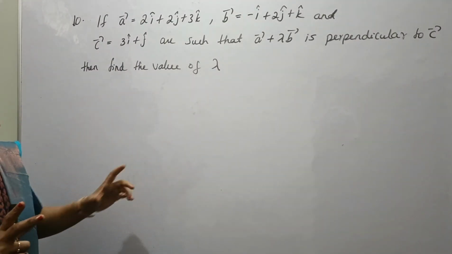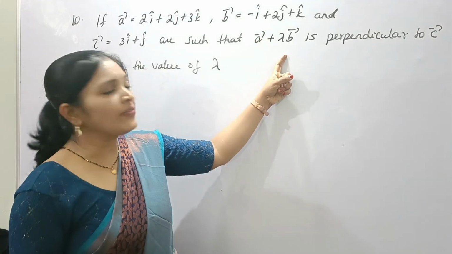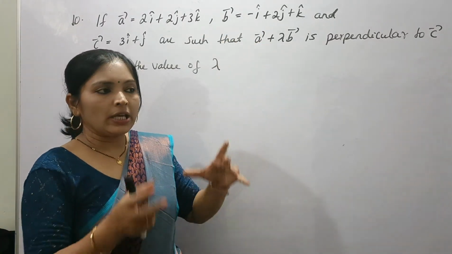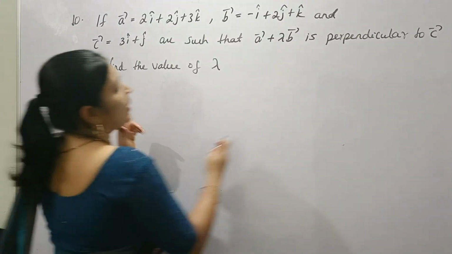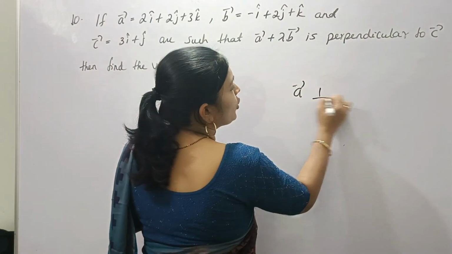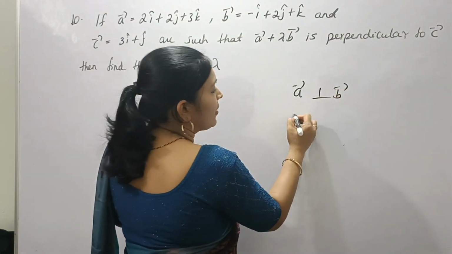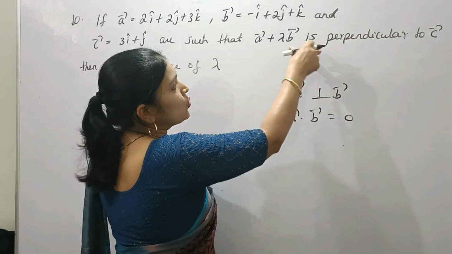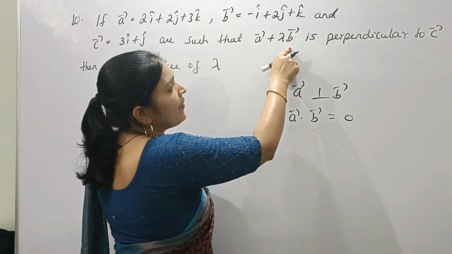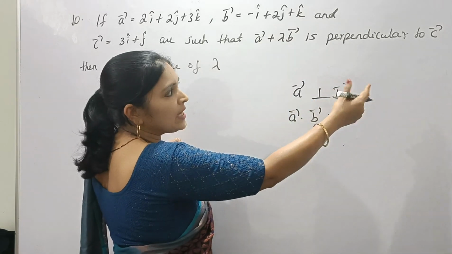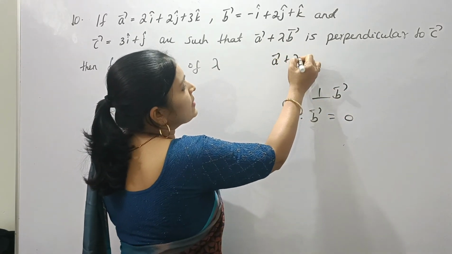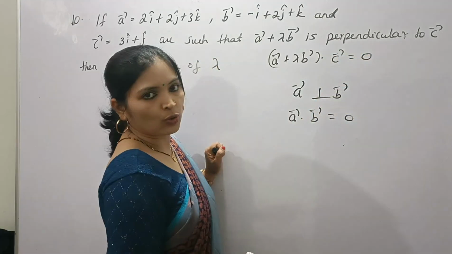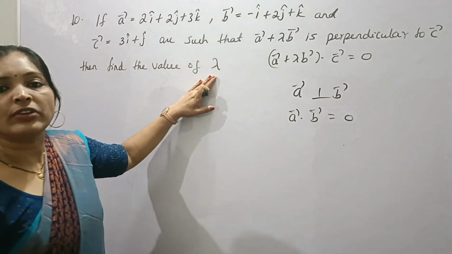The given condition is vector A plus lambda vector B is perpendicular to vector C. We know that if vector A is perpendicular to vector B, then vector A dot vector B is equal to 0. So here also, vector A plus lambda vector B dot vector C is equal to 0, so that we can find the value of lambda.